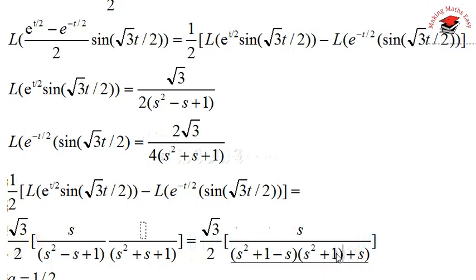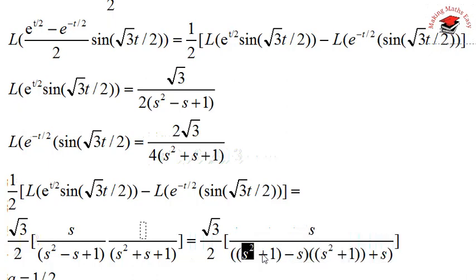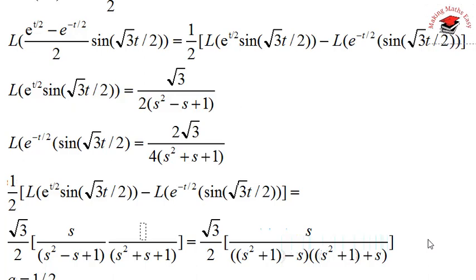So this portion is my a and this portion is my b. Similarly, s square plus 1 is my a, and minus s is my b. So this is a minus b multiplied by a plus b, so we can use the formula. We will apply the formula a square minus b square, as this is my a and this is my b. So let's apply the formula.